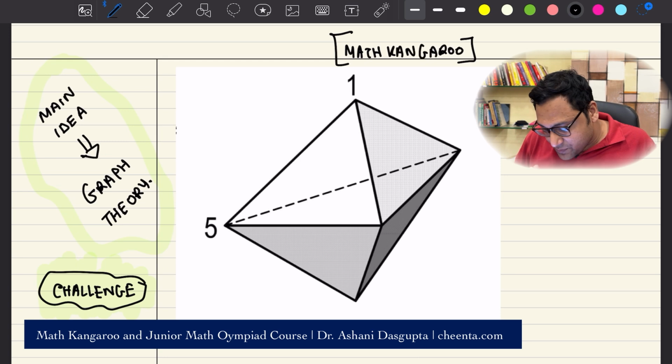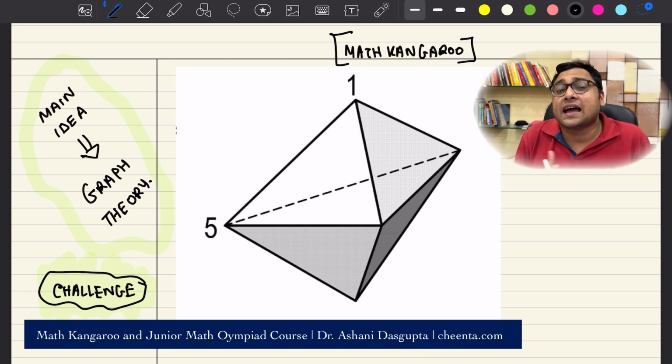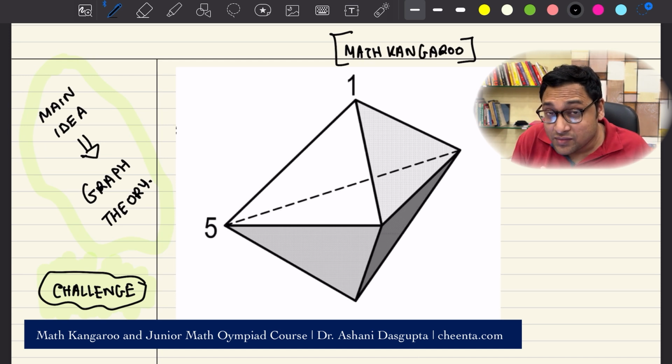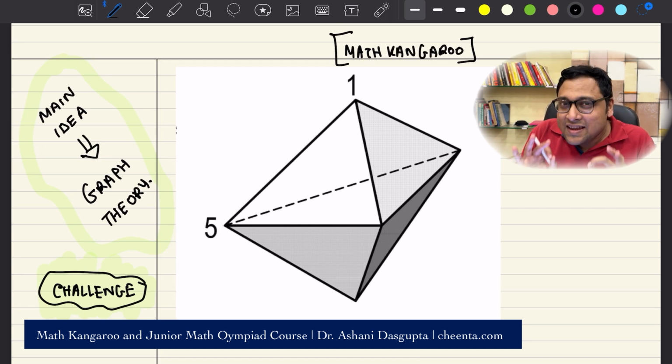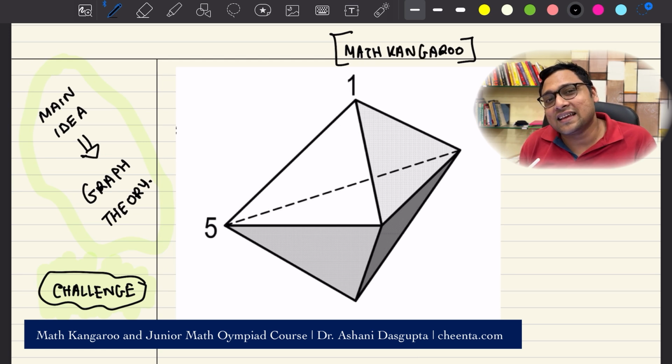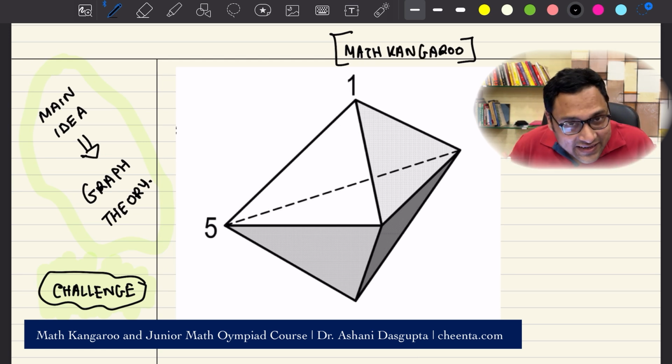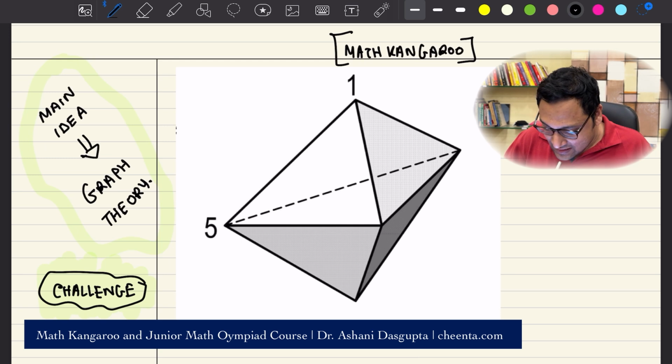Okay, so this problem in itself is very simple and you really don't have to know graph theory to do it. But what we do is we use problems like this to introduce new ideas, just for fun. So what does this problem say?